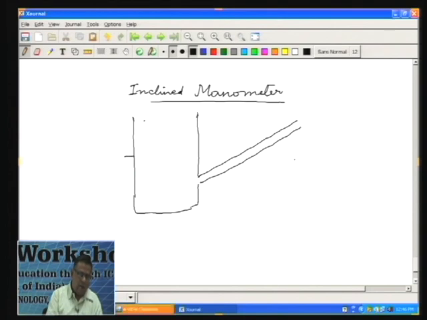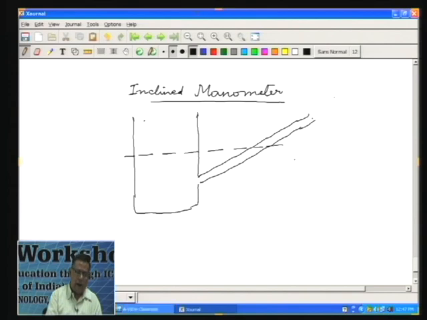Now, let us say I denote by a horizontal line the level when the pressure on this side is atmospheric pressure and the pressure here is atmospheric pressure. So, here P is P atmosphere.